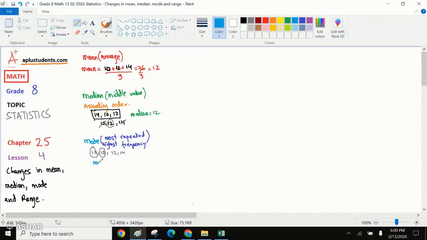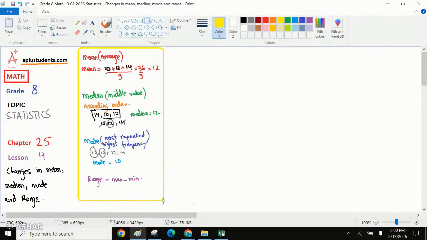So we can say the mode for this question comes out to be 10. And the last one is the range. In a range, we do the maximum minus the minimum. Okay, so these are the four things that we need to consider in this particular topic.